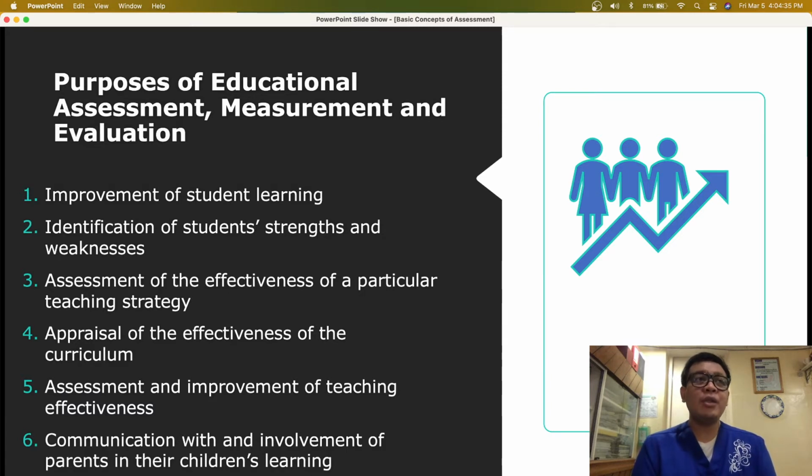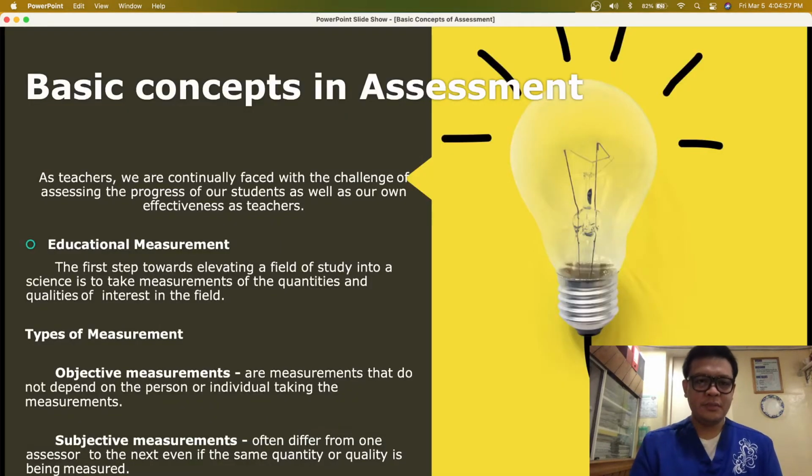This would be a collaborative process, as learning should not always be in school, but also in the family. It's very important that there is support from their family as to how they'll be able to learn, because in that way we'll be able to know and contrast their learning in school with their learning in their respective homes. So, basic concepts in assessment.